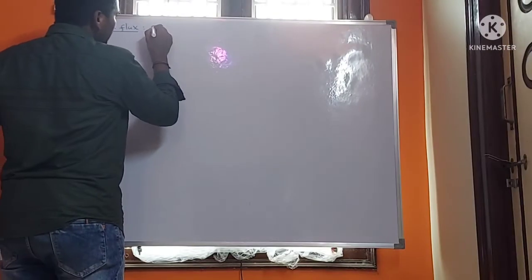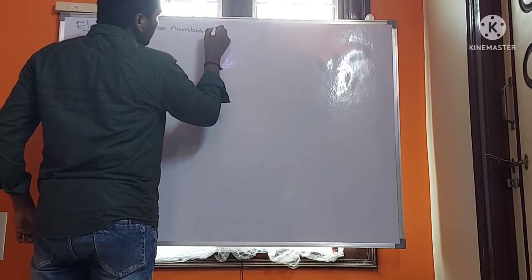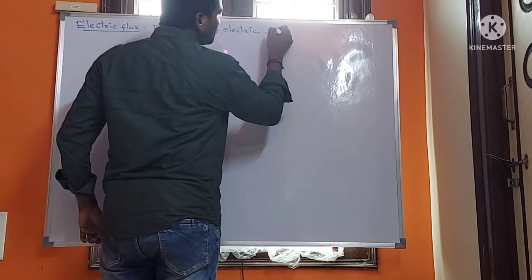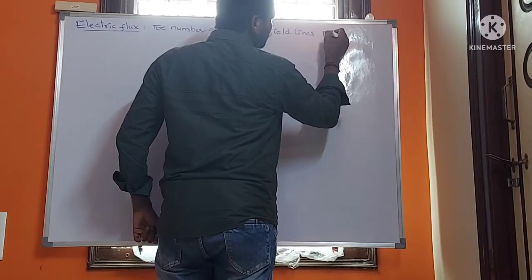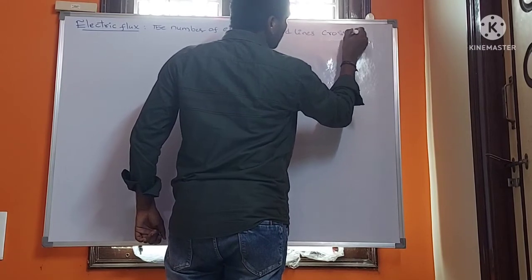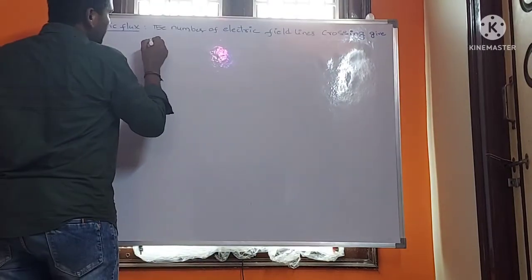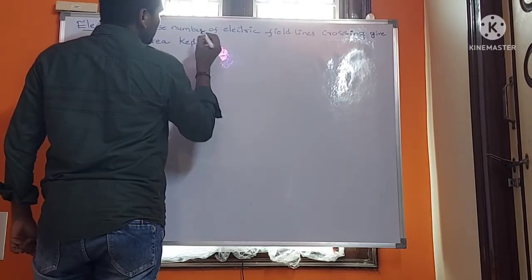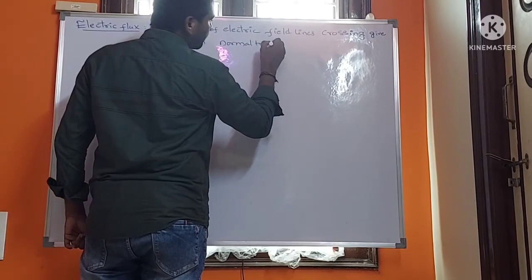Electric flux means the number of electric field lines passing, the number of field lines crossing a given area kept normal to the electric field.